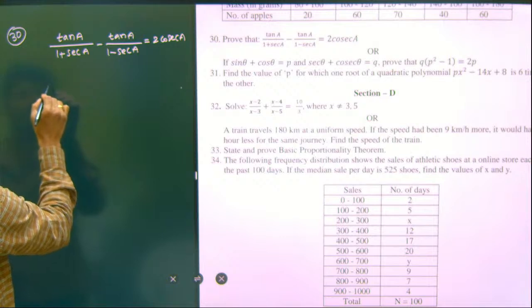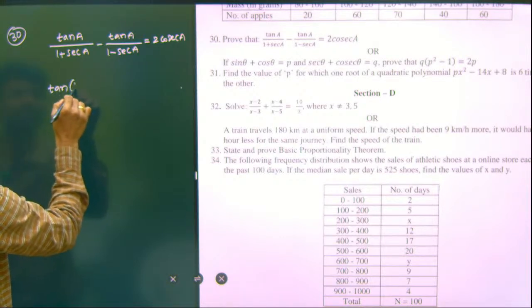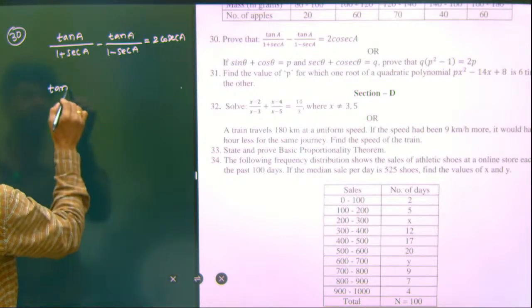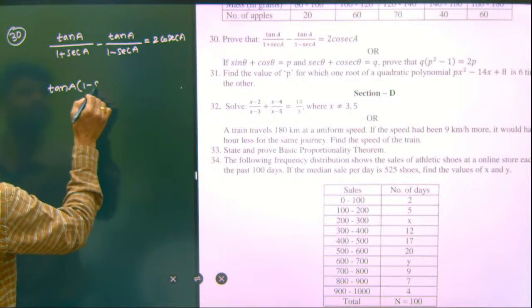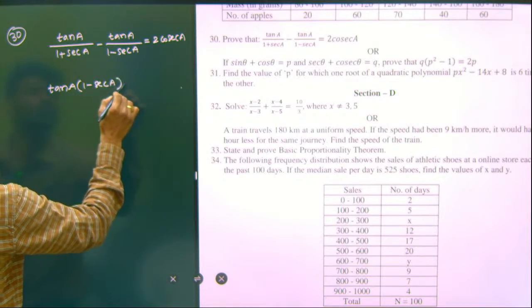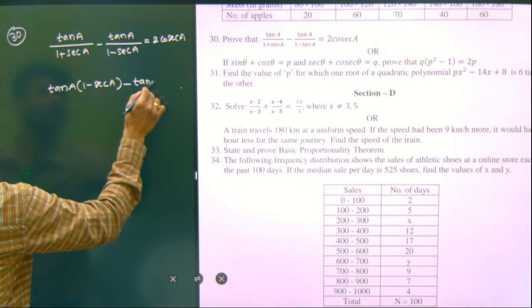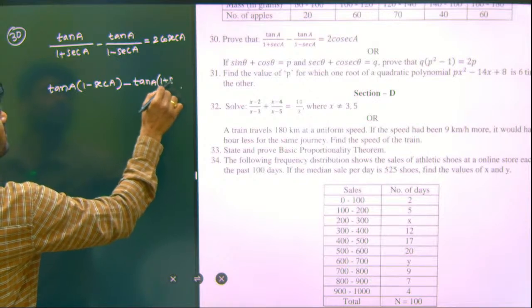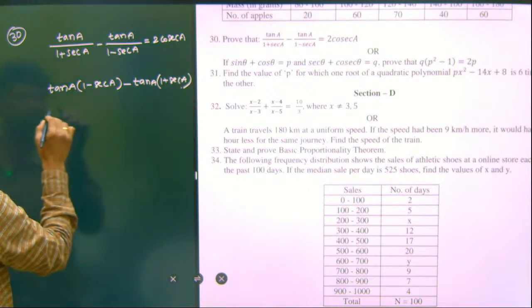Now, if you do it again, tan A into (1 minus secant A) minus of tan A into (1 plus secant A) it is. So now what happens?